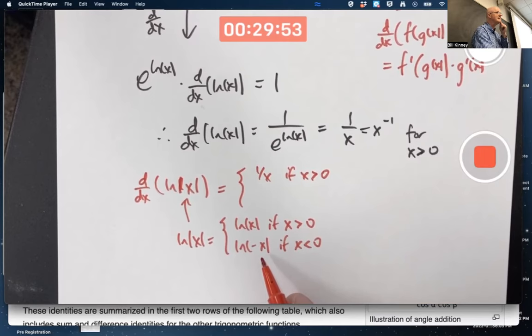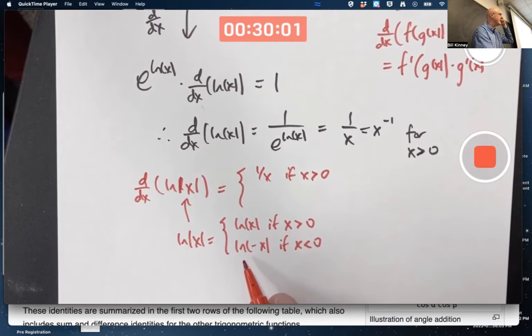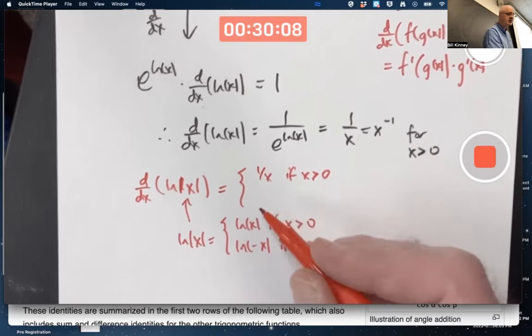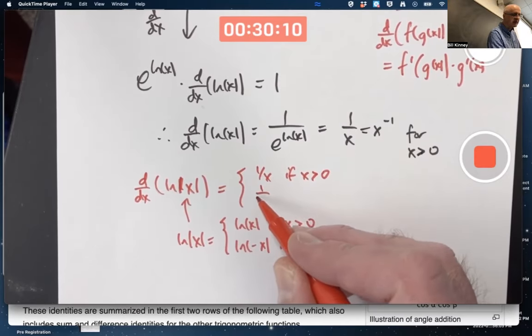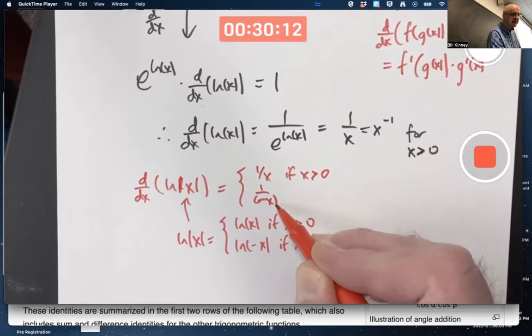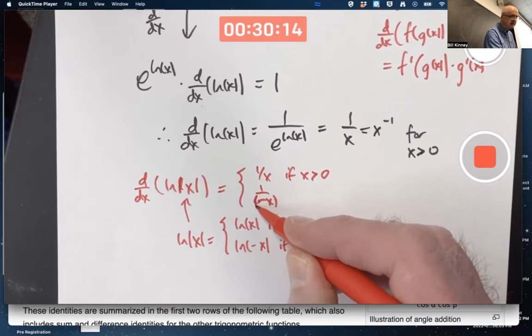The chain rule says, once again, this is something you should think in your mind as you practice the chain rule: take the derivative of the outside function, the natural log of x. The answer is 1 over x. But plug in the inside function into that, so I get 1 over negative x. That's parentheses there.